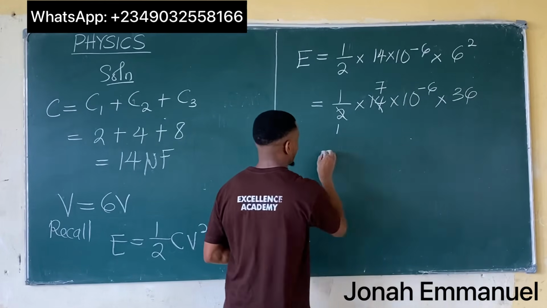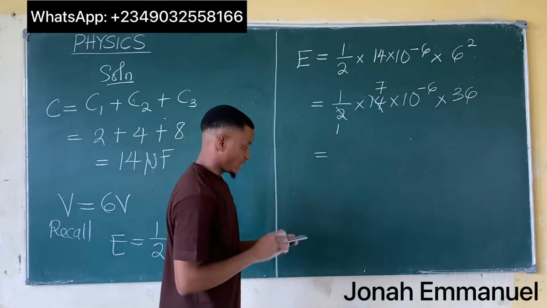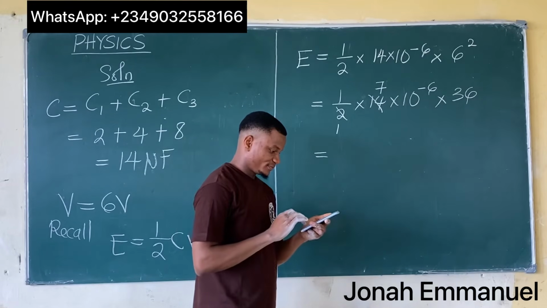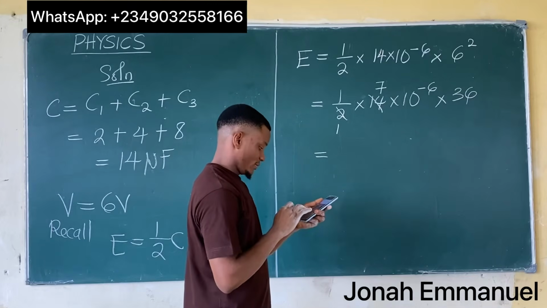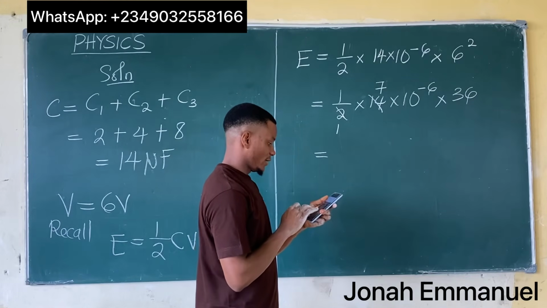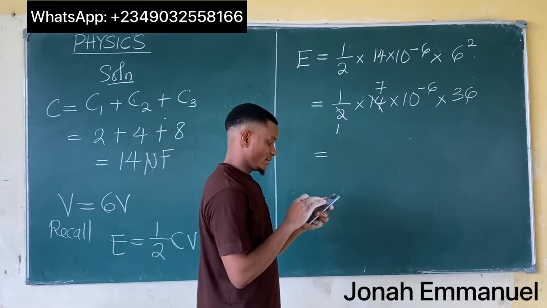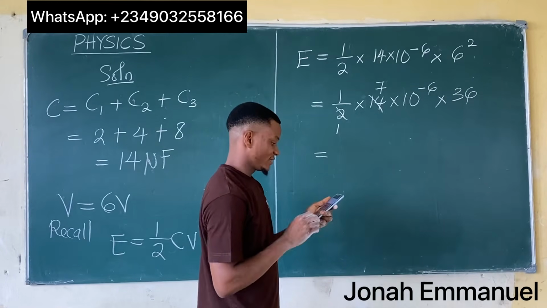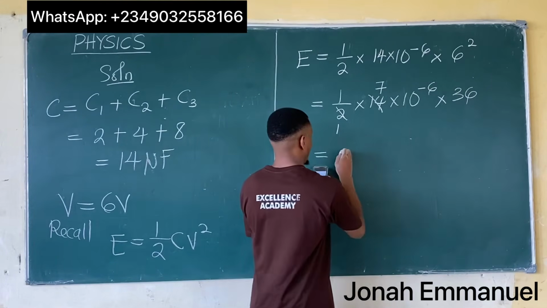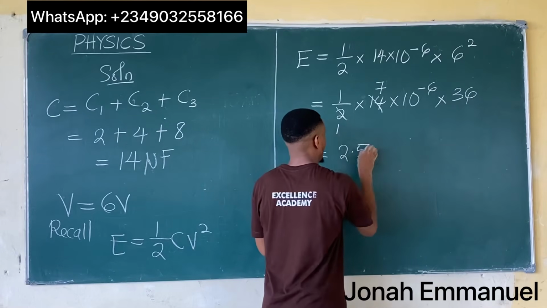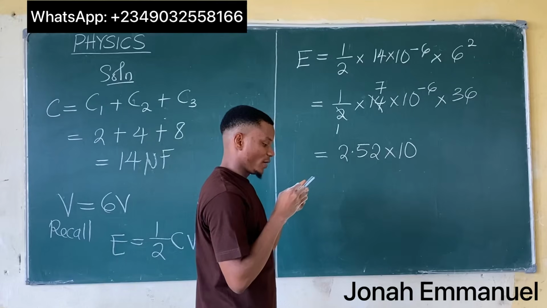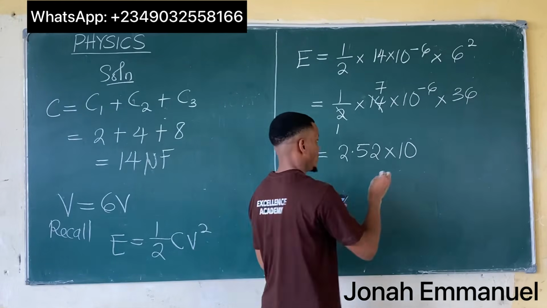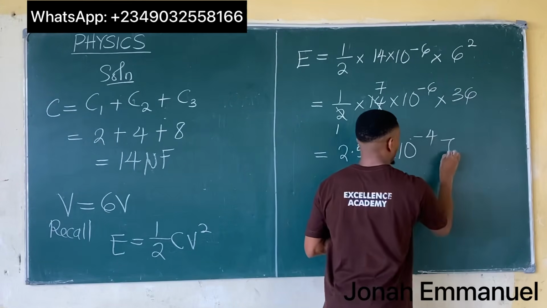If I multiply, let me use my calculator, 7 times 10 to the power minus 6 times 36. So I have 2.52 times 10 to the power minus 4 joules.